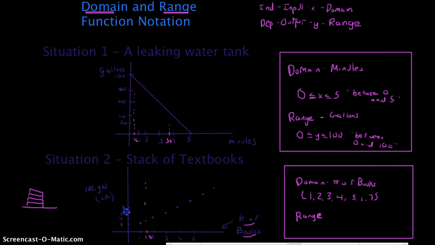I only have 2 centimeters, 4 centimeters, 6 centimeters, all the way up to 14 centimeters. So my range here is just 2, 4, 6, 8, 10, 12, and 14. And the range was the height.